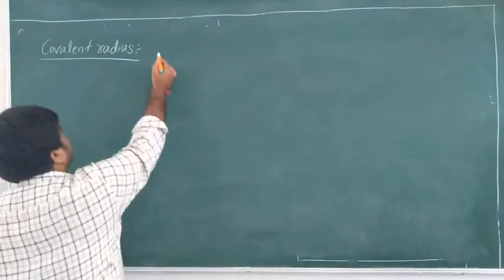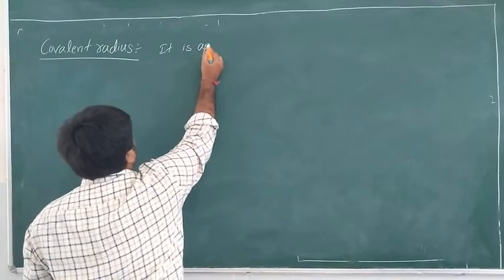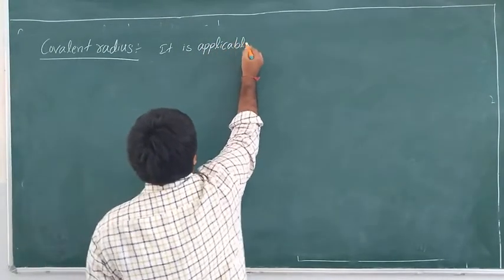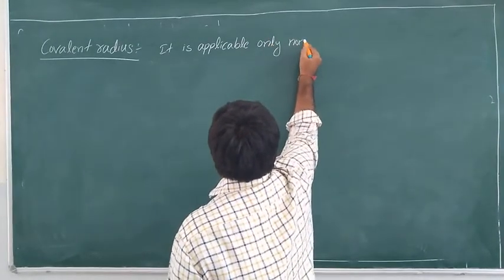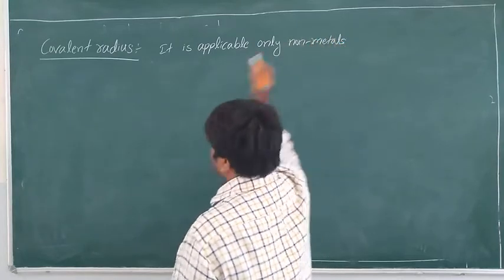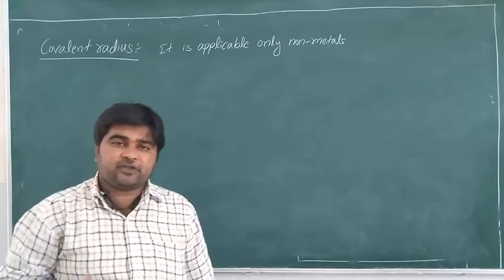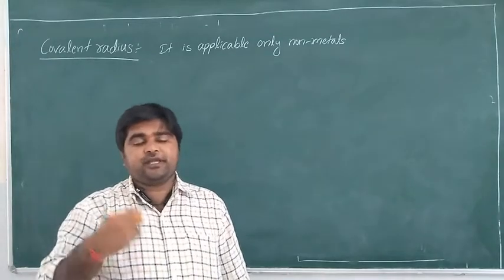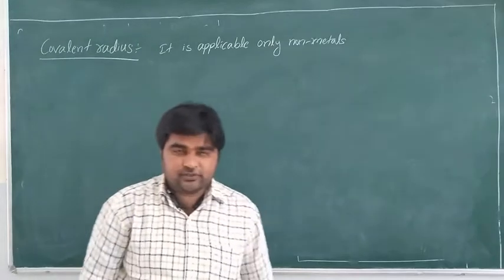Covalent radius is applicable only to non-metals. So whether the element is metallic or non-metallic, it is based on types of bonding. If it is a metal, that is metallic radius. If it is a non-metal, that is covalent radius. It is applicable only for non-metals.